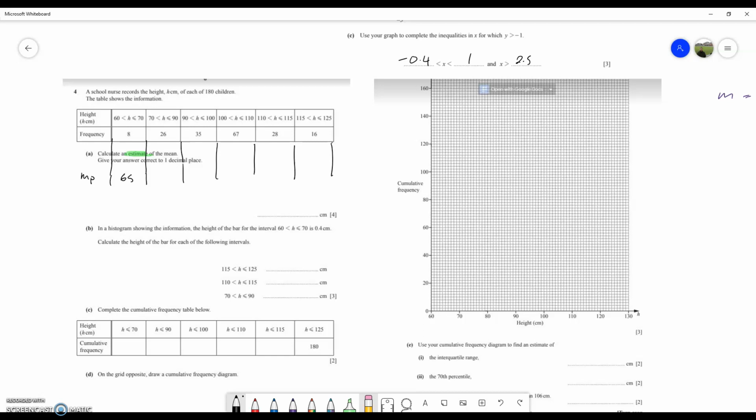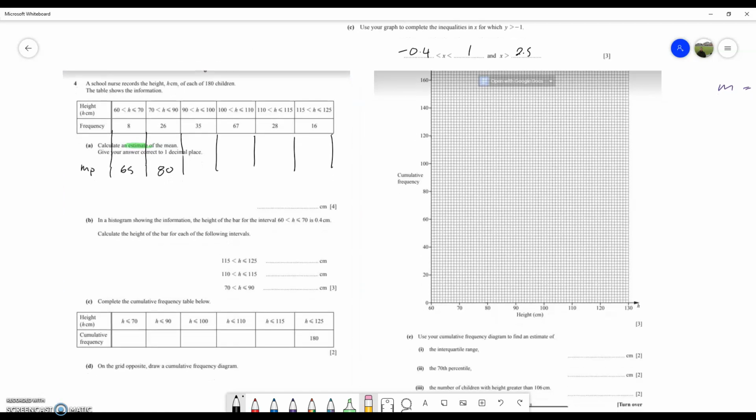Between 70 and 90 is 80. Between 90 and 100 is 95. Between 100 and 110 is 105. Between 110 and 115 is 112.5, and halfway between 115 and 125 is 120.